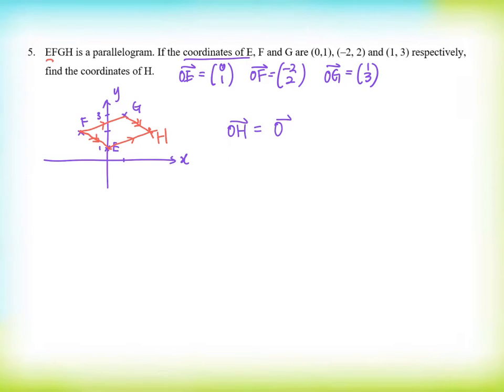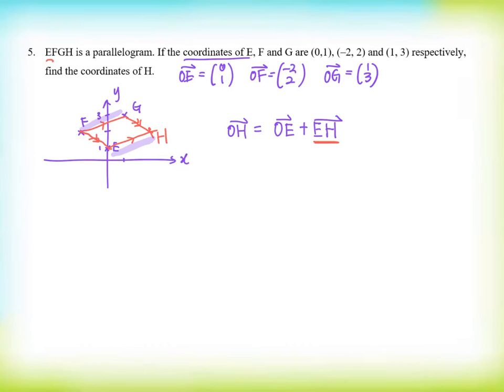We can pick any point that we want. Since we have OE, OF, OG, I can easily choose, let's say, O to E, and then after that, I'll travel from E to the point H. But I do not have much information on EH yet. But what do I know about the vector EH? E to H is exactly equal to the vector F to G.